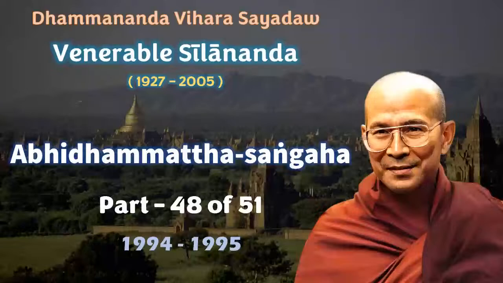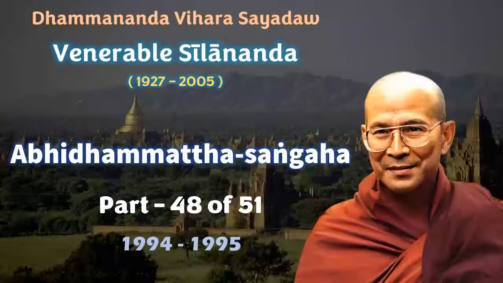So cetana as karma in 8 kamavacara kusala gives results as 8 kamavacara vipaka, and also kusala vipaka upekkha santirana as result. And they are by way of karma.